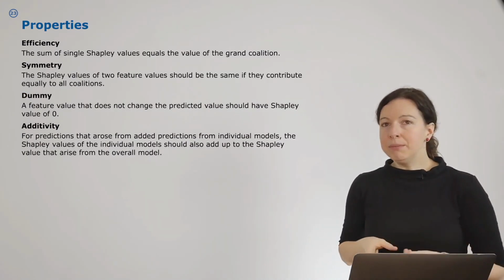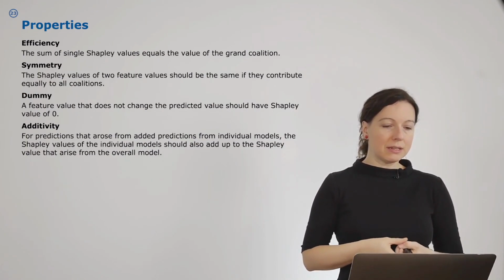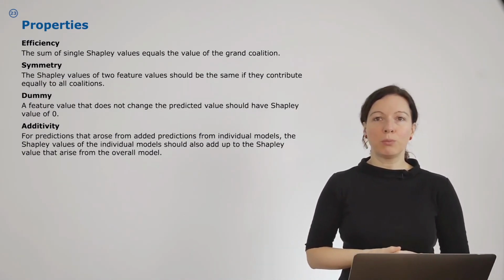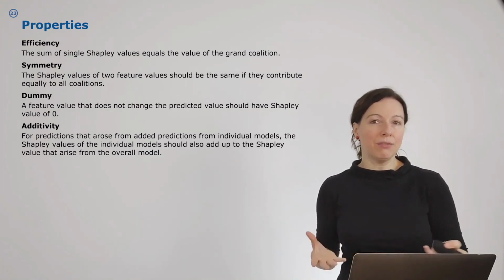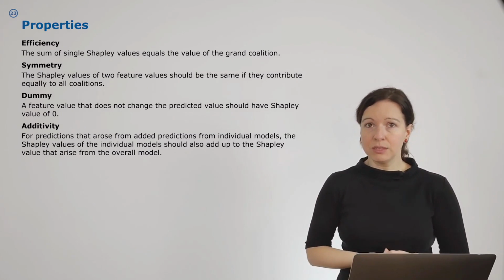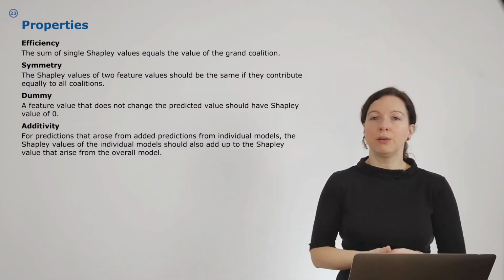And Shapley values have some nice properties. I already mentioned some properties that we actually want to have for interpretation tools to be especially good, and especially good for explanation.